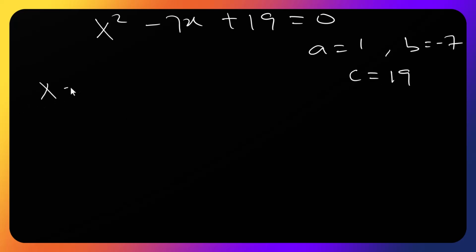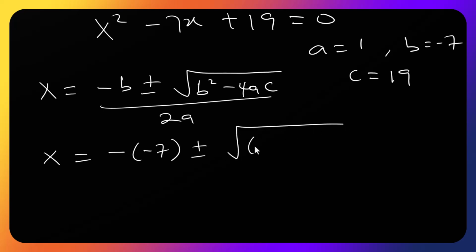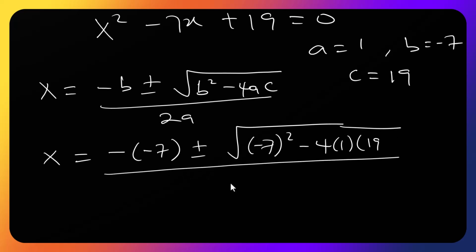So we have x equals minus b plus or minus the square root of b squared minus 4ac, all on 2a. So we have minus minus, so that will be plus or minus, 7 squared minus 4 times 1 times 19, on 2 times 1.